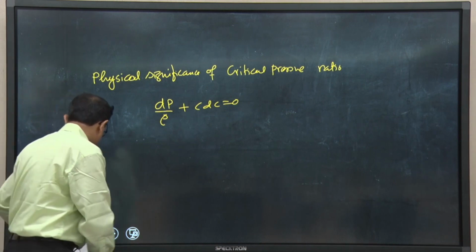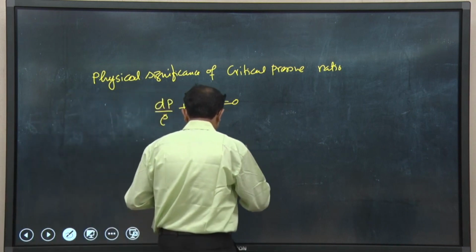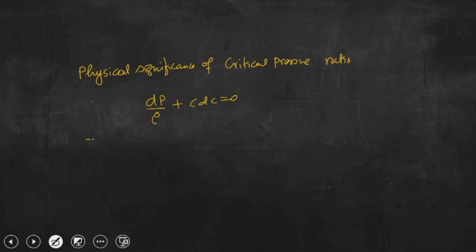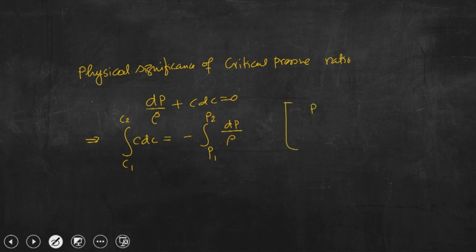Now, in this equation, we can write the integral C1 to C2 CdC equal to minus the integral P1 to P2 dP by rho. To have the closure, we need to invoke the property relation, that is P1 by rho1 to the power k is equal to constant, equal to P2 by rho2 to the power k, right.